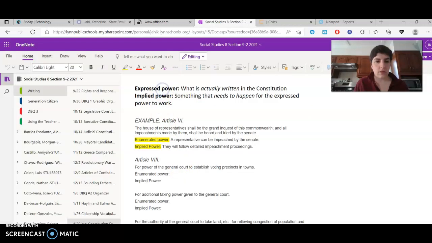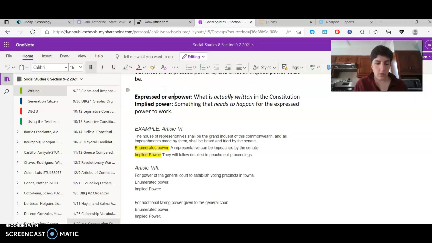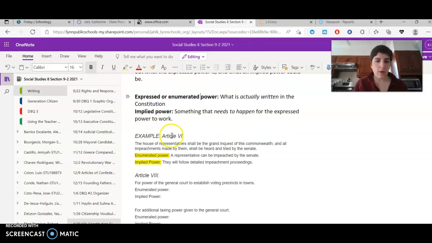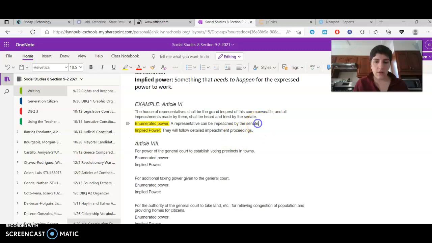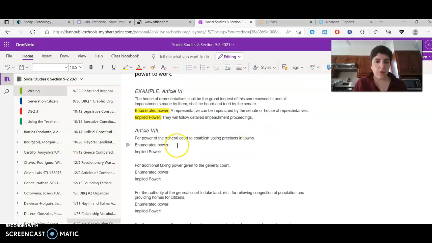Okay, so this is expressed or enumerated power. A representative can be impeached by the Senate or House of Representatives. Okay, next one. For the power of the general court to establish voting precincts in towns.